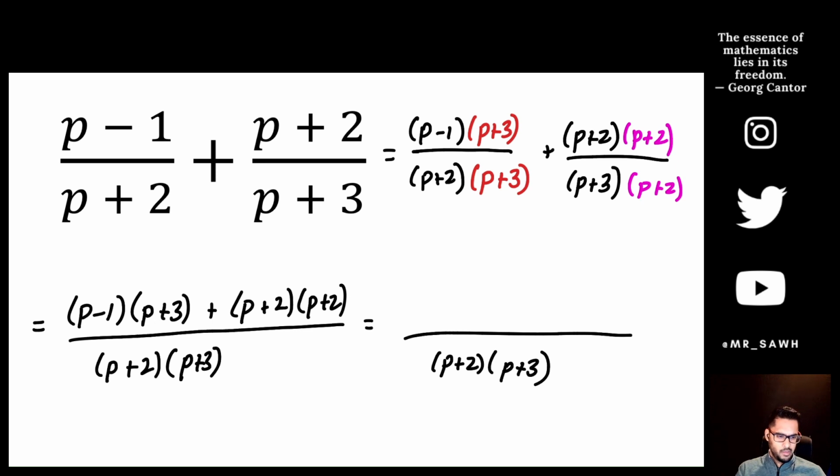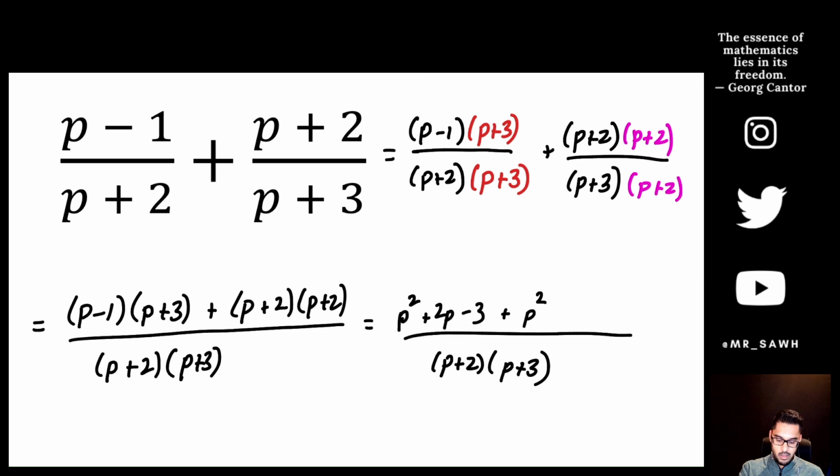So we're going to get p squared minus 1p plus 3p, so plus 2p minus 3, and then plus p squared plus 4p plus 4, that's a perfect square.